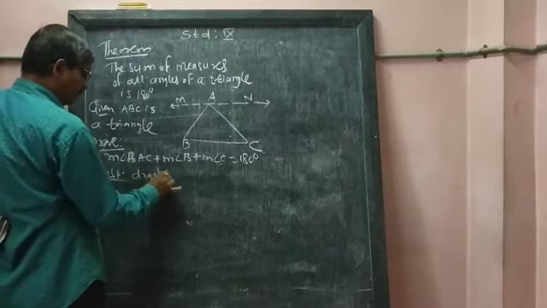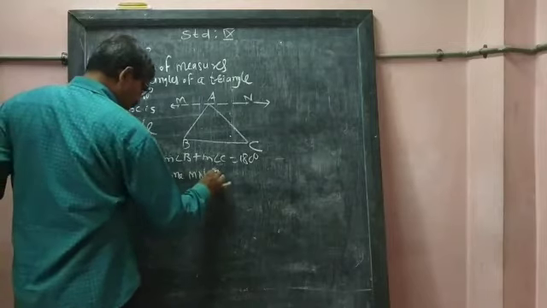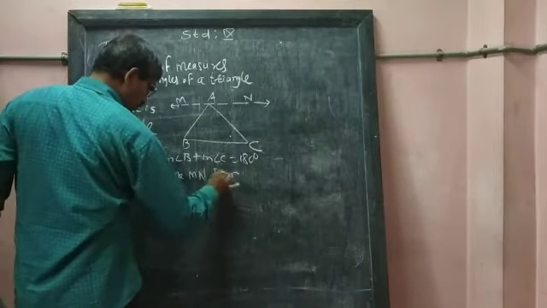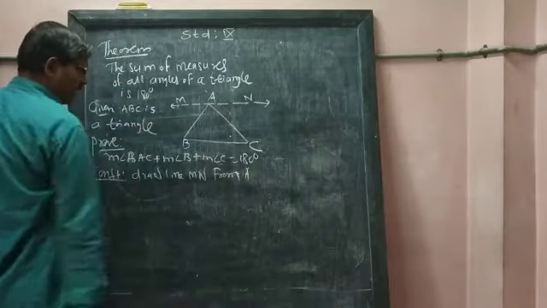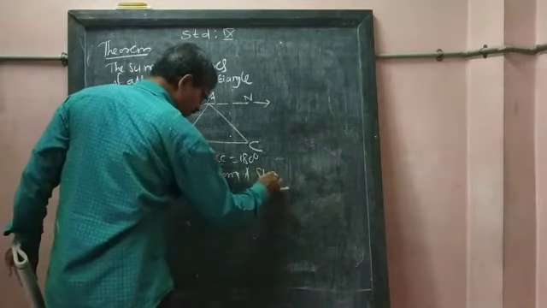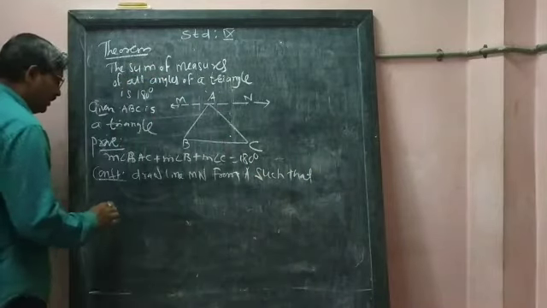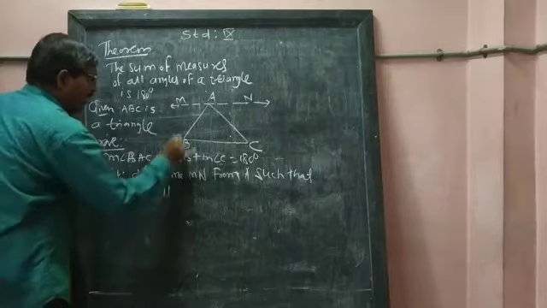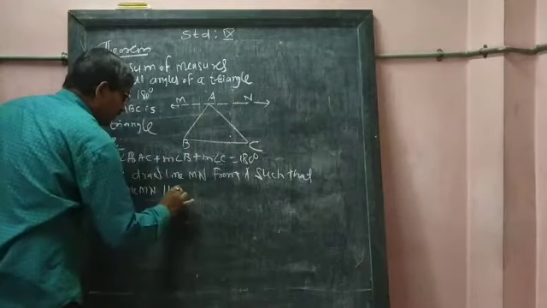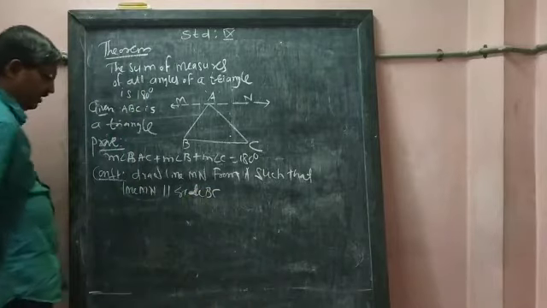Draw line MN from A such that line MN is parallel to side BC.